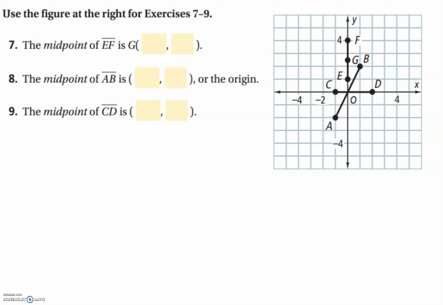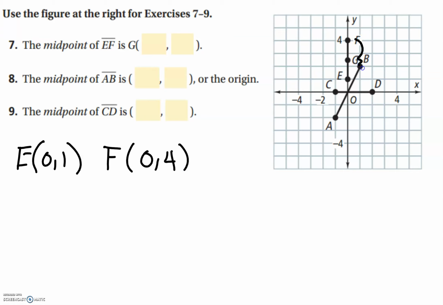So find the midpoint of EF. The midpoint of EF is G. The question is, what are the coordinates of G? Well, let's do it this way. E is at point 0, 1, while F is at point 0, 4.